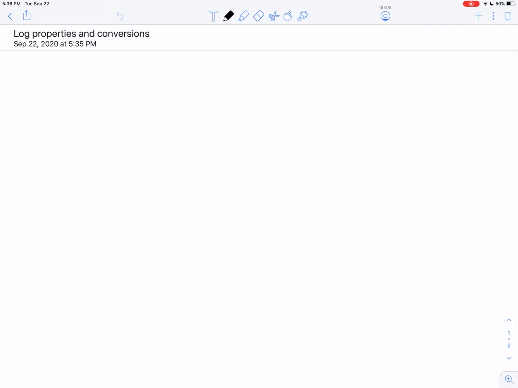Okay, so if you have a logarithm, we talked about this, log is a base function. So it's got this weird little number on the bottom, whatever it happens to be. I'm going to say log base 3 of, let's say, 9. It equals 2.